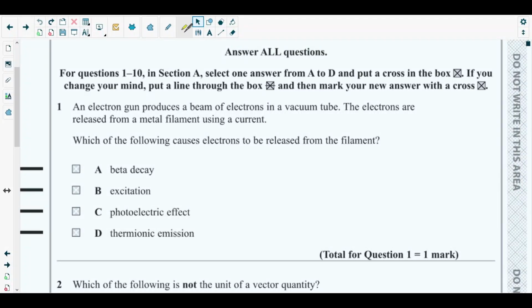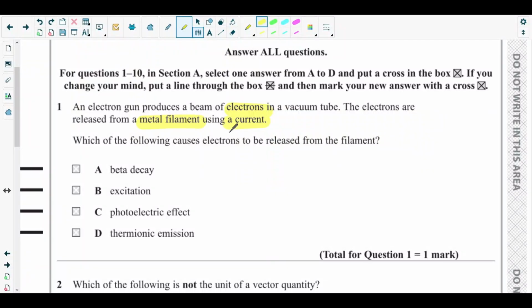Okay, so at first, number 1. The question says an electron gun produces a beam of electrons in a vacuum tube. The electrons are released from a metal filament using a current. So current is flowing through the metal filament, and electrons are getting discharged from the metal.